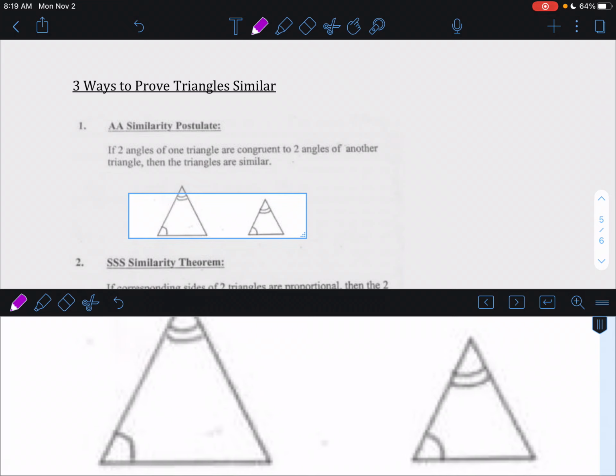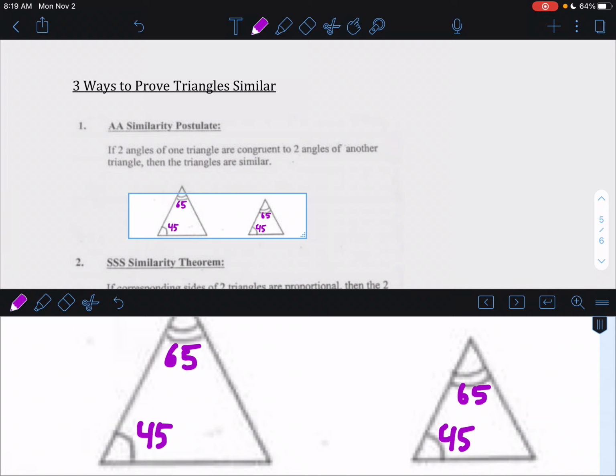And with AA, we only need to know 2 because if we know 2, we automatically know the third because of that triangle sum theorem. So let's say, for example, this is like 45 degrees and this is 65 degrees. Then that means this is also 45, and this is also 65.